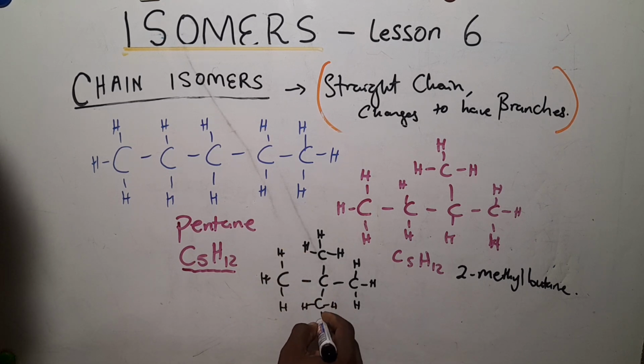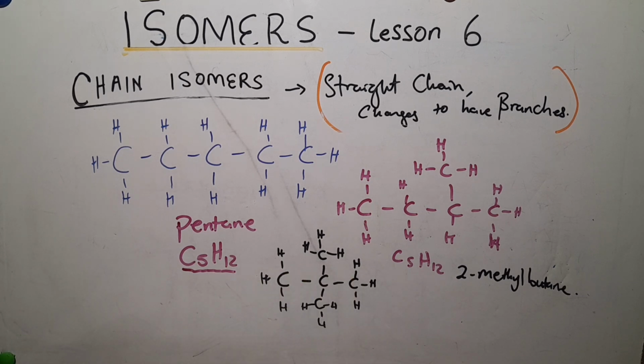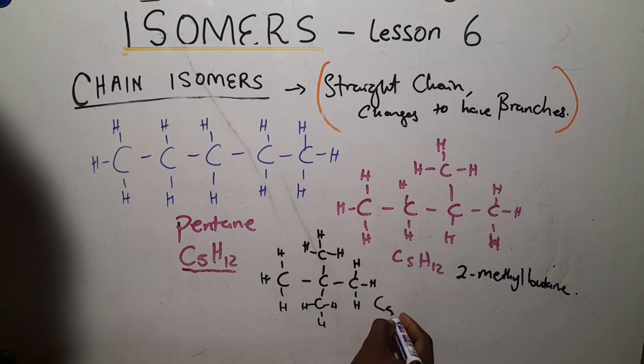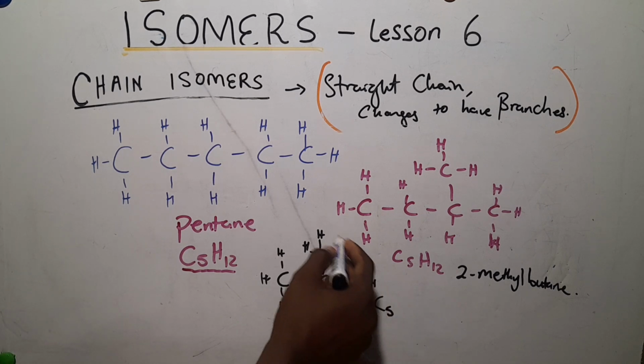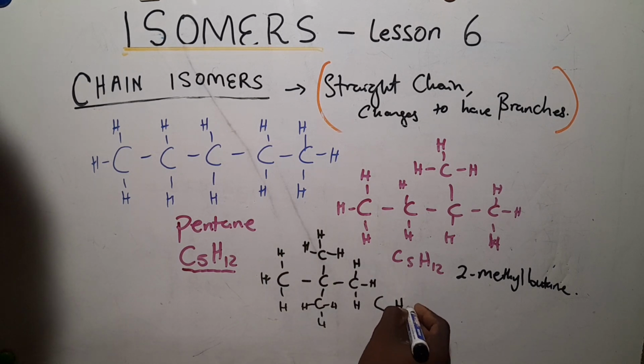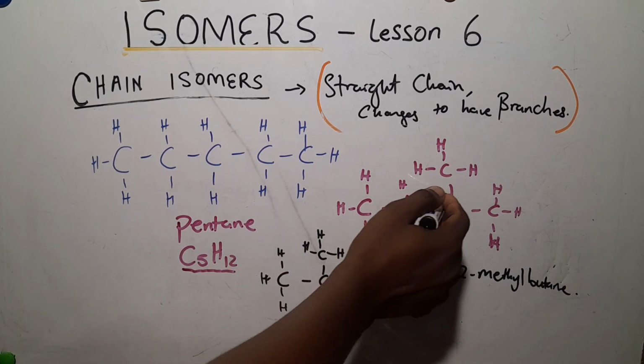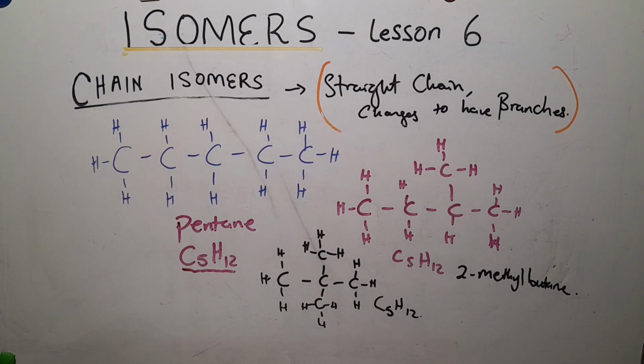So let's take a look at this. So still it is 1, 2, 3, 4, 5, so still it is C5 and 12H. So still it is C5H12. But the structure is now different. Can you see the structure now? It is now different. So what is the name of this molecule now?